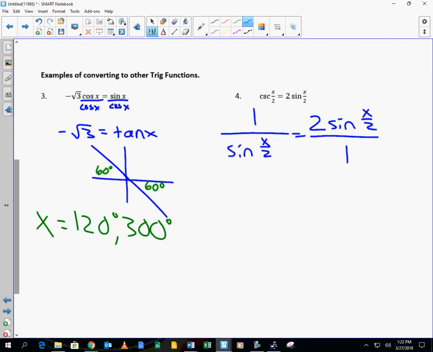So we don't switch the angle. Would you agree that cosecant of x is equal to 1 over sine of x? Well, it's not like when you flipped it, you then made it 1 over x, right? You don't flip the angle.